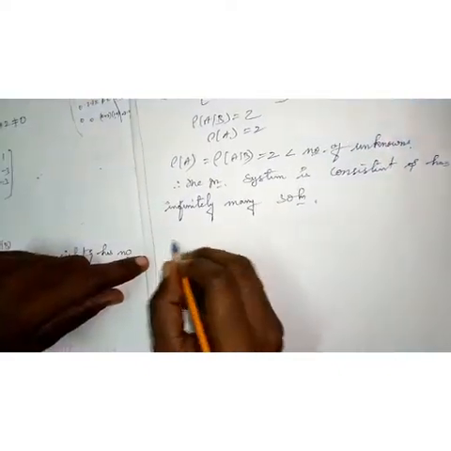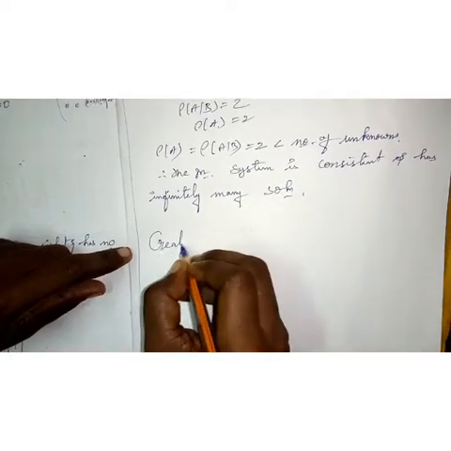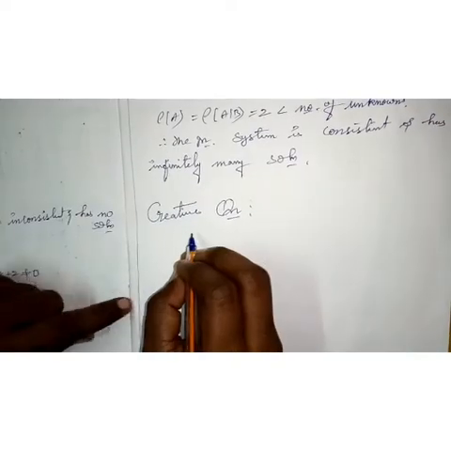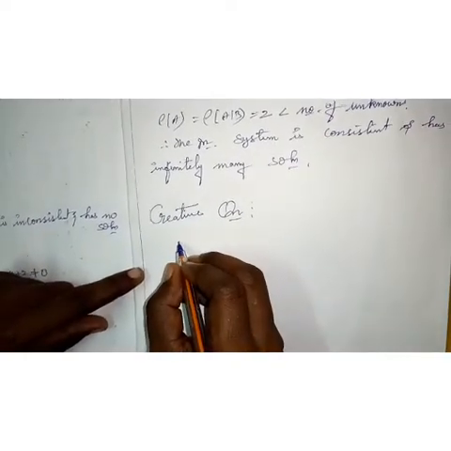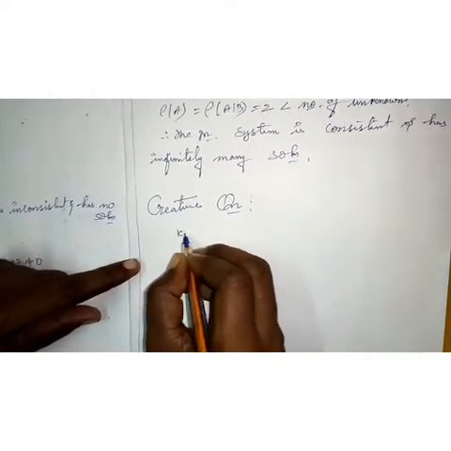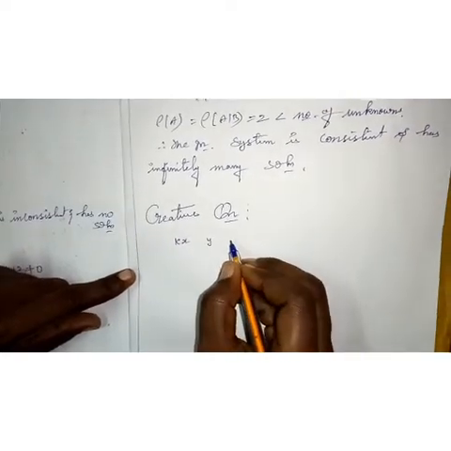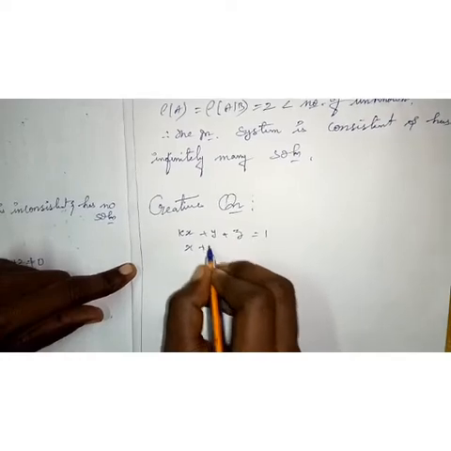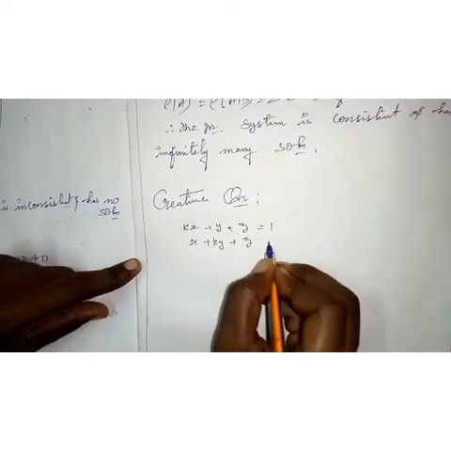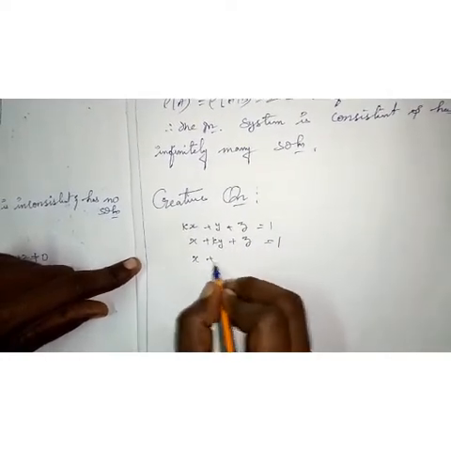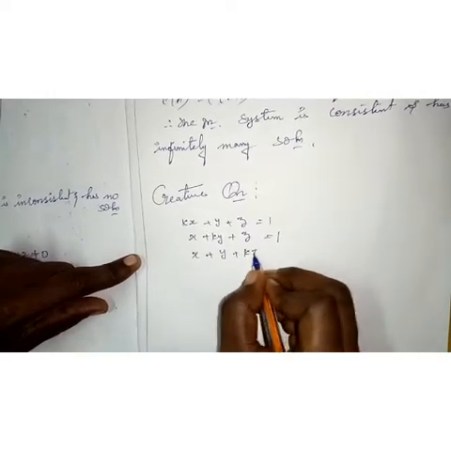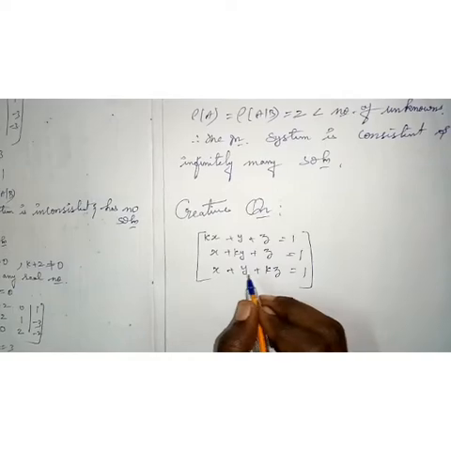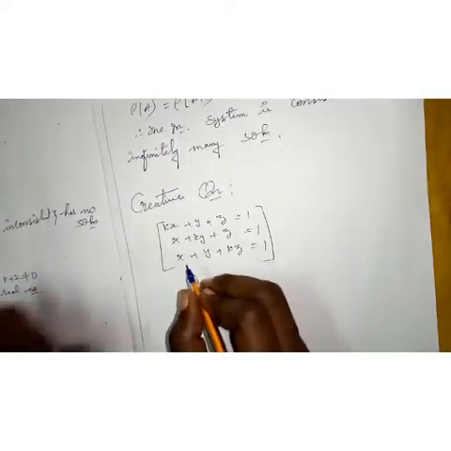I'll give one creative question. Just try yourself. Kx y z equal to 1, x plus ky plus z equal to 1, x plus y plus kz equal to 1. Try it, children, the same one. Investigate.